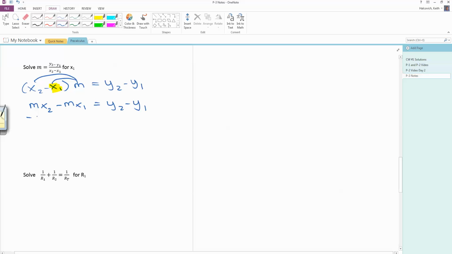Then we're going to subtract m times x sub 2 so that we have everything with x sub 1 on one side. So it looks like a lot of letters. And then you're just going to divide by negative m. And that can be your final answer.